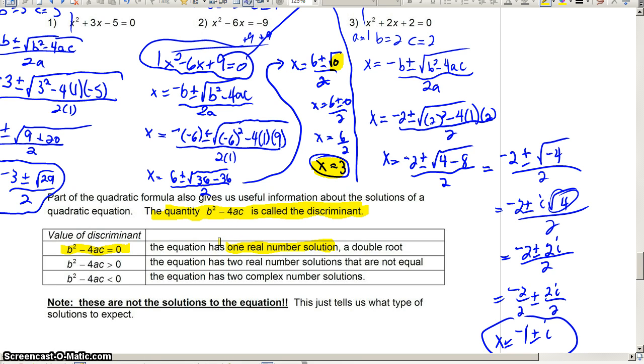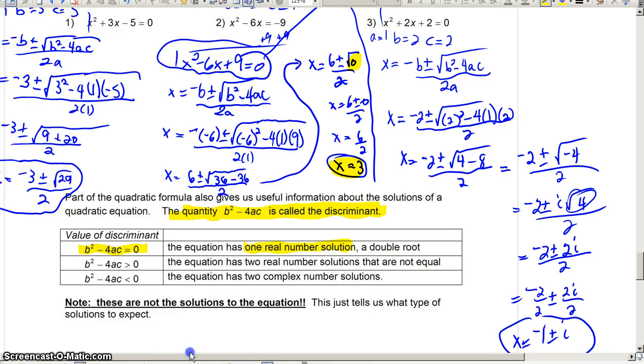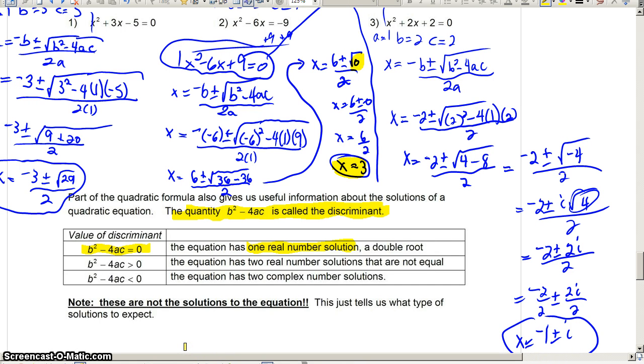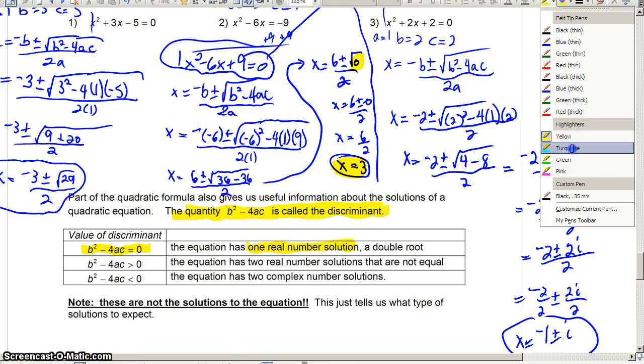And very quickly, when we factored, you saw that we'd get 2 of the same factor. The reason why we call this a double root is that the factors are the same. You solve, you get 2 of the exact same answers. In example 1, we saw that the inside of the square root was actually a positive number.